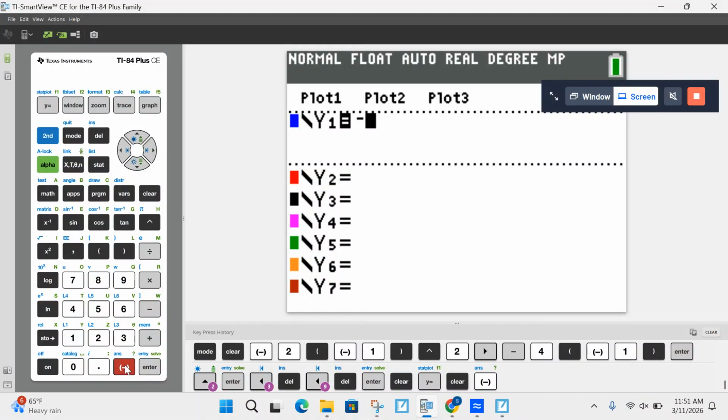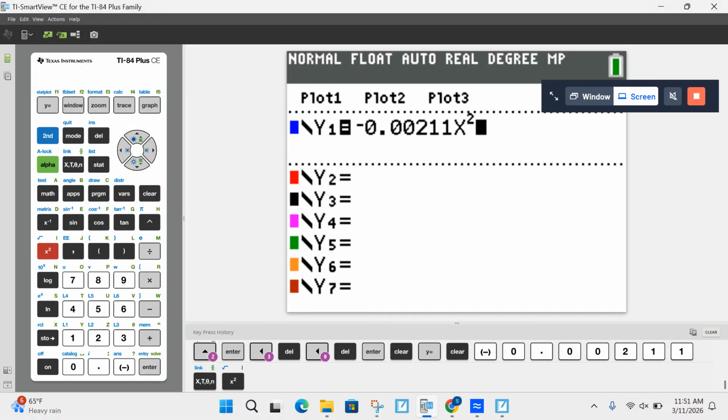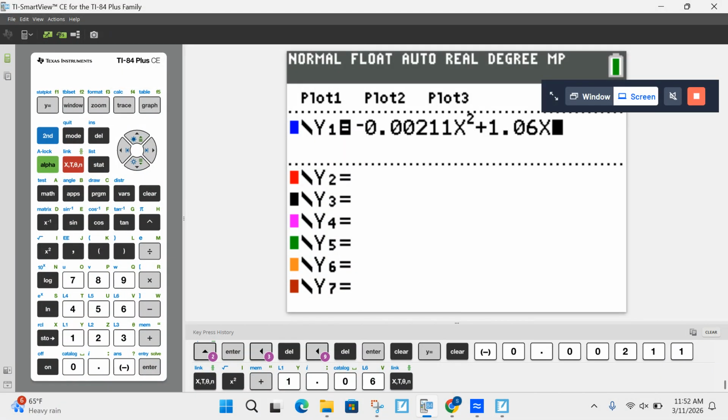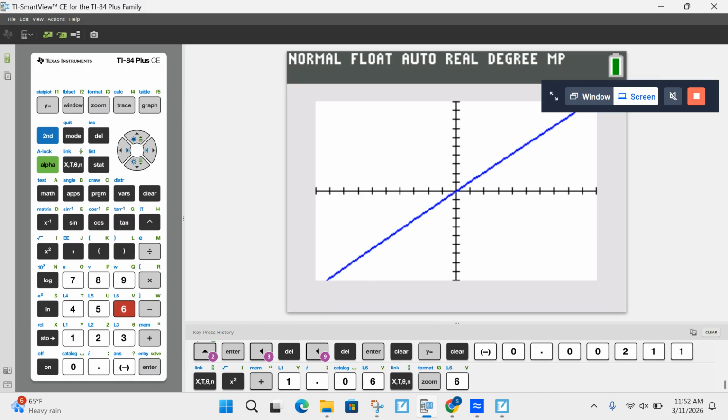So negative 0.00211 x squared, and then plus 1.06x, and then let's just press zoom 6 and see what it looks like. Zoom 6. Well, that looks like a line. That looks like a line because we are zoomed in very far and we need to zoom out.